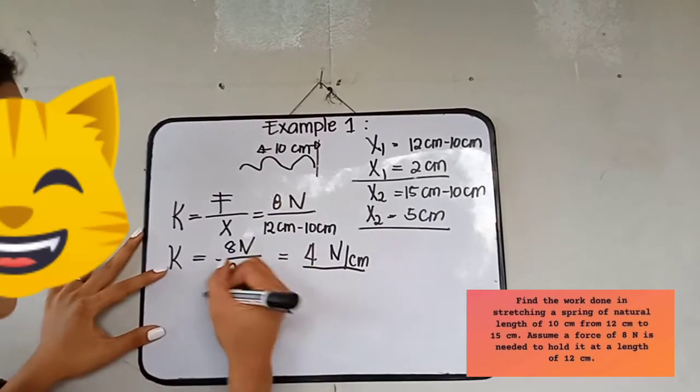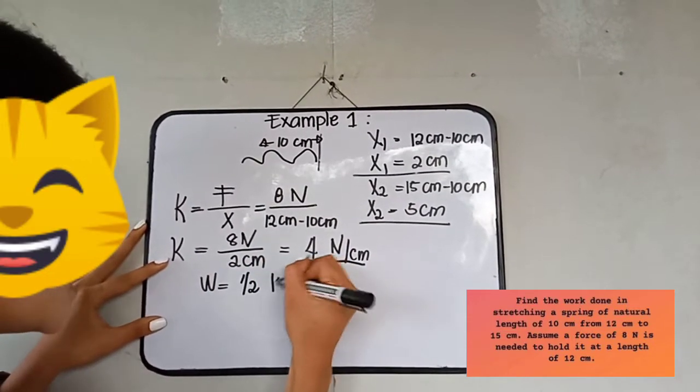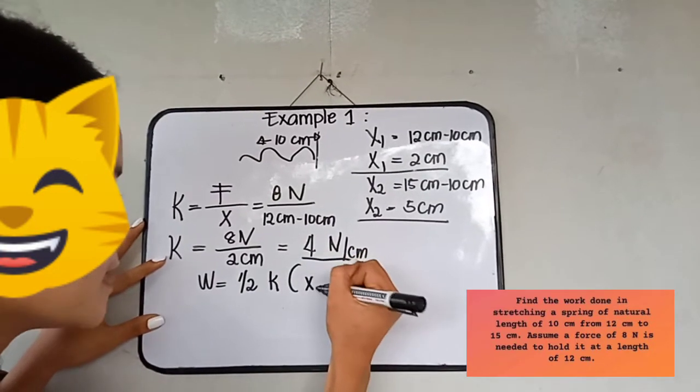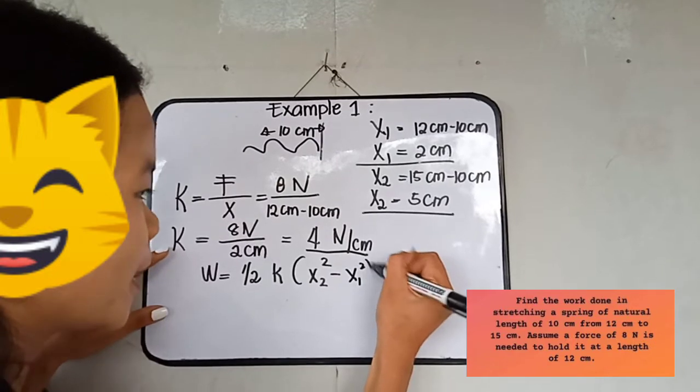So let's apply the formula. Work is equal to 1/2 k times x sub 2 squared minus x sub 1 squared.